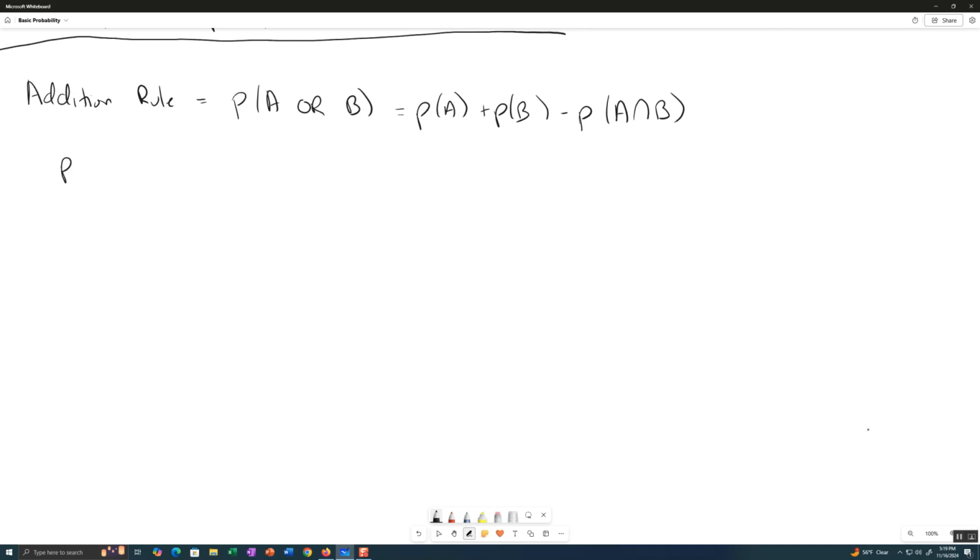The probability of A and B, the intersection, equals 0 when A and B are mutually exclusive events.